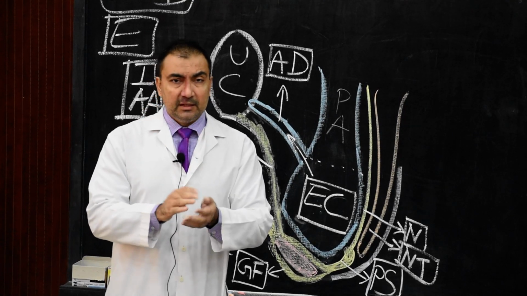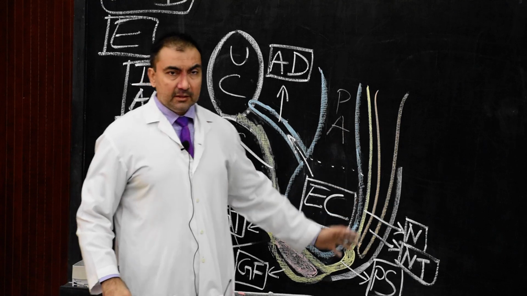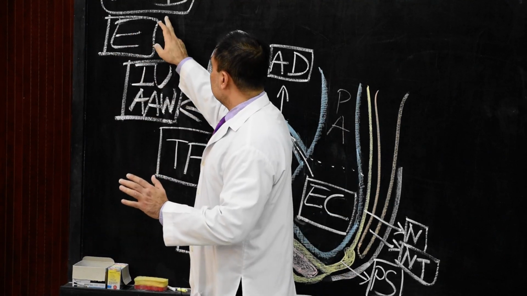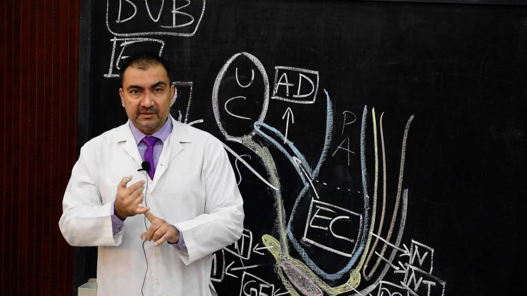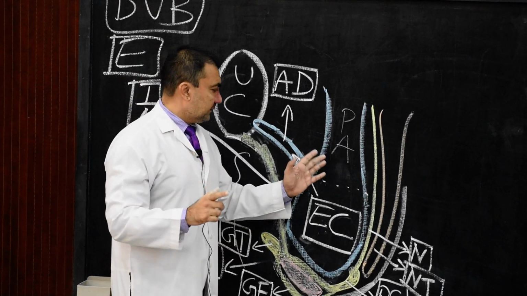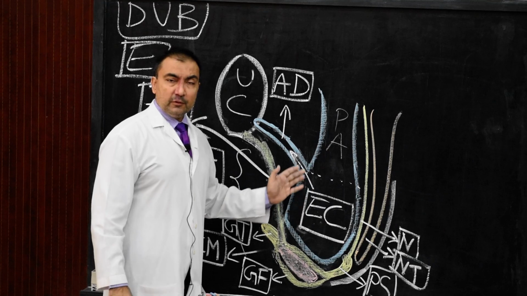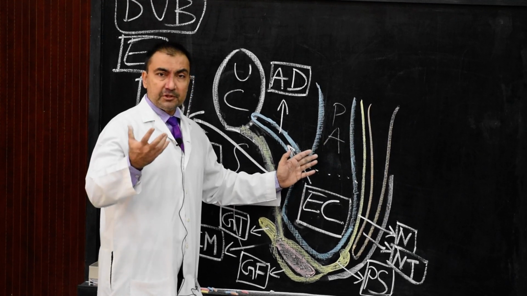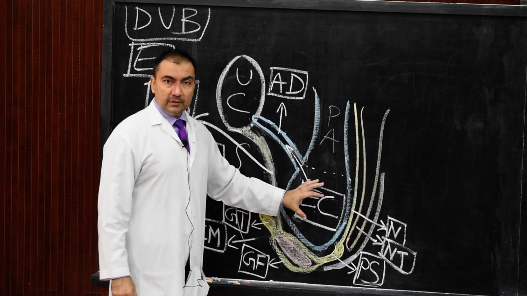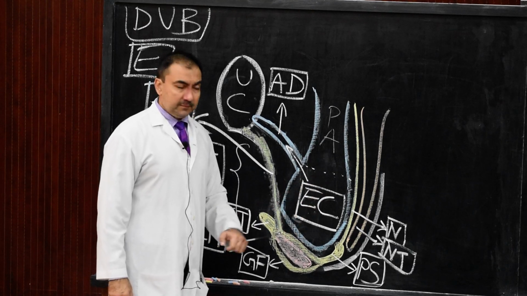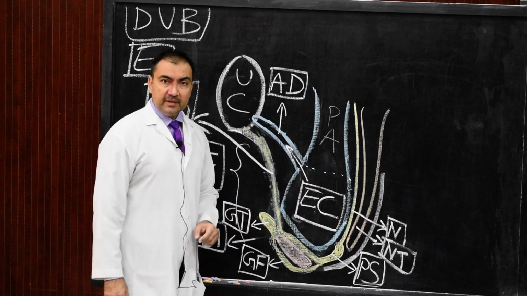So at present, in the embryogenesis of the urinary bladder, we have discussed the following important points. Number one, we started with the development of cloaca, that is the portion of the hindgut which is present in the tail fold. What is endodermal cloaca? Then what is allantoic diverticulum?